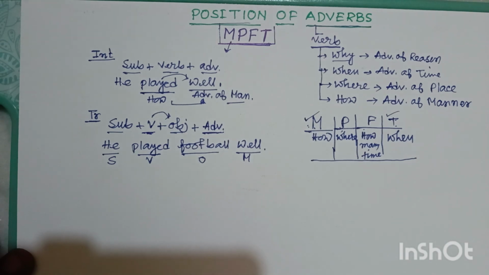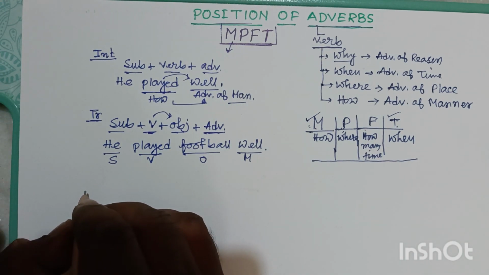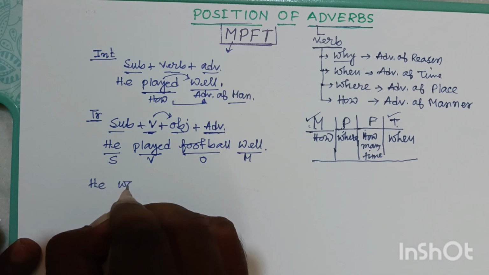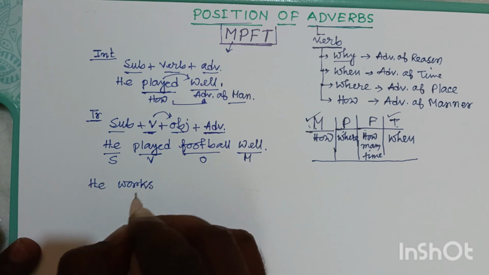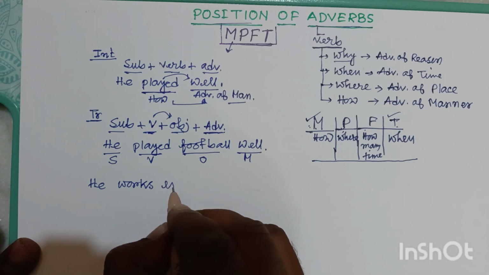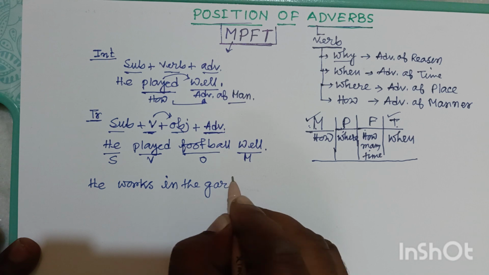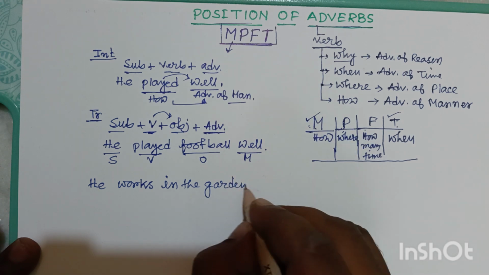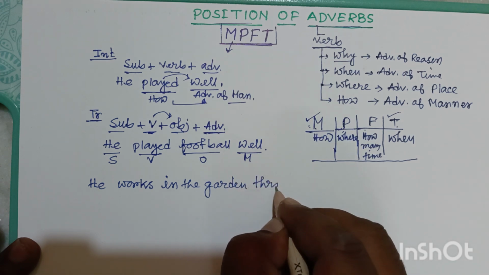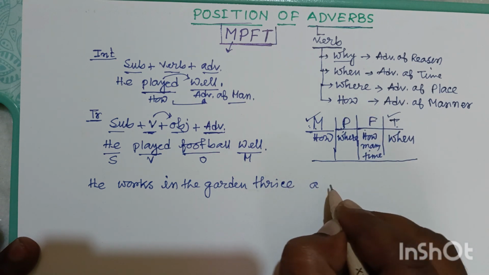Just I am going to give you some examples. You can look at this. First of all I am writing down, suppose, he walks hard in the garden thrice a day.